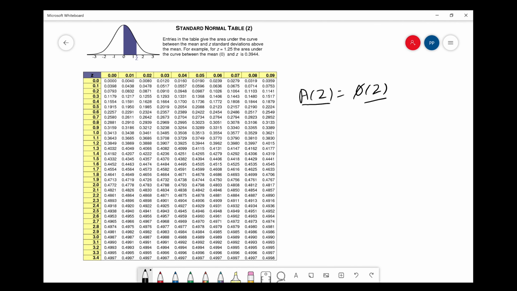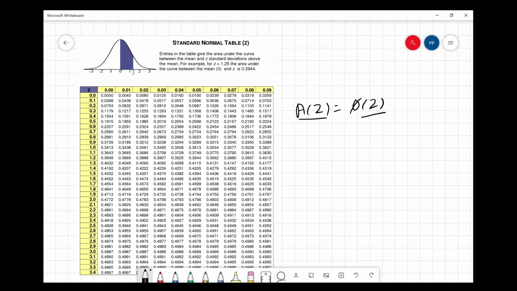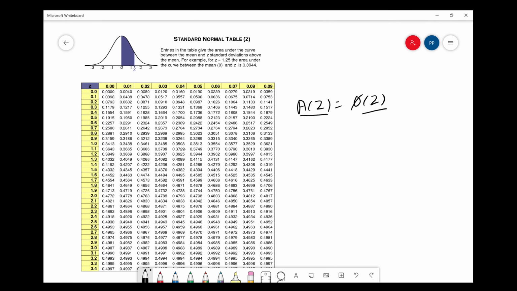Here, you'll notice that the z value runs here from 0 to 3.4, and on this side, the columns are read as 0.00, 0.01, 0.02, 0.03, 0.04, 0.05, up to 0.09.